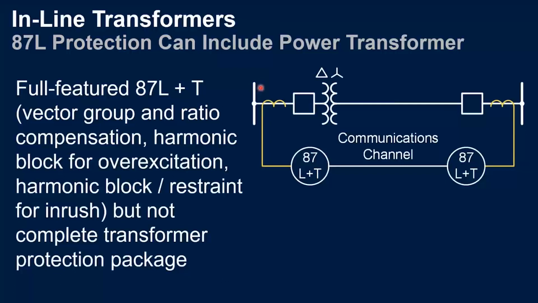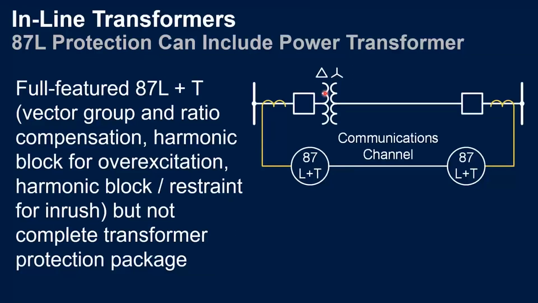Okay, so it's built into the line differential protection, but it doesn't mean it offers a complete transformer protection package. Okay, so we don't have a restricted earth fault, for example, but for the line differential, it will take care of it and compensate for this, well, the connection of the transformer, the ratio, etc.